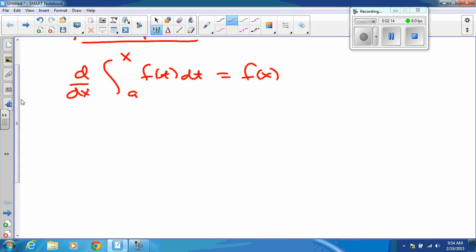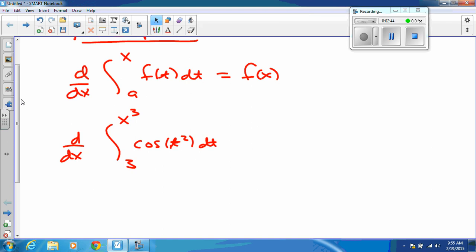And so at the end of class yesterday, I started to do some more complicated examples that involve chain rule. And I'd like to do a couple of those examples at this time. For example, suppose I have something that looks kind of ugly like this right here.